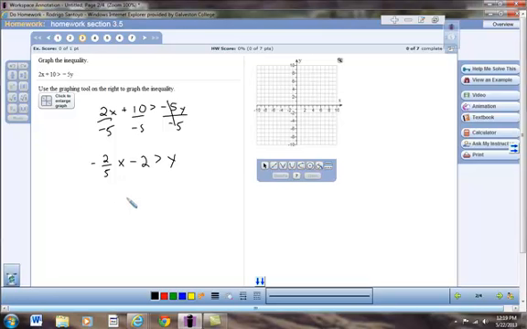So I see my b is -2. Plot that. My slope is -2 over 5. Because it's negative, we're going to go down 2, and over, always to the right, 5. This time it's going to be dashed because of the inequality sign. So it'll be a dashed line.